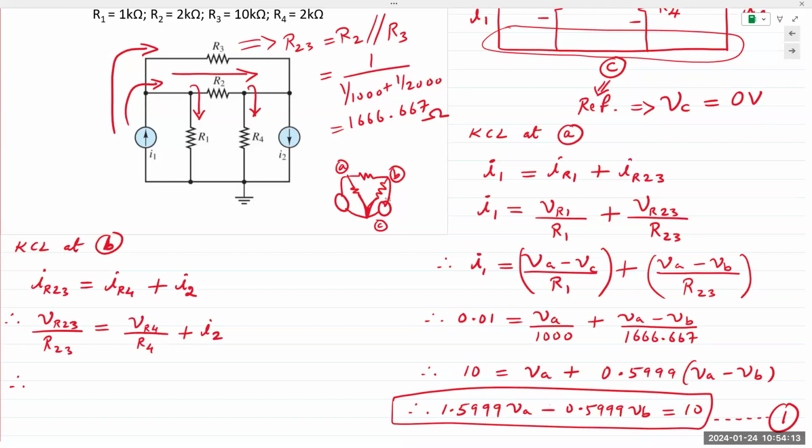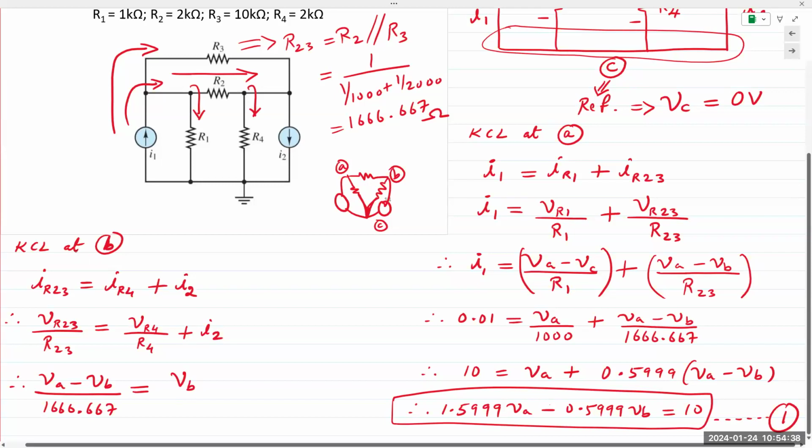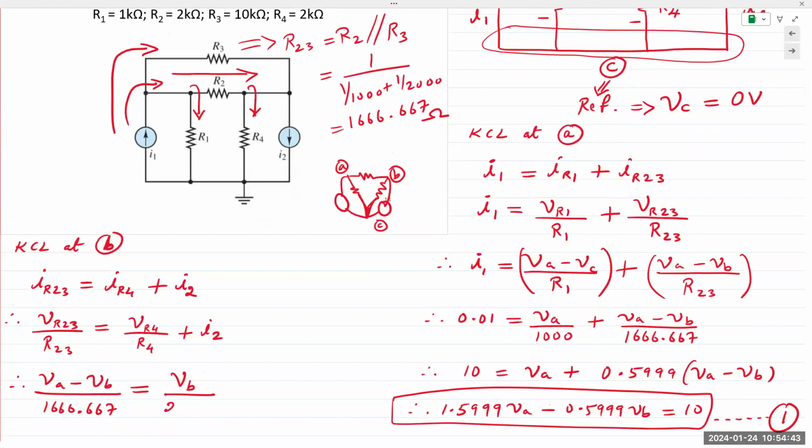Expressed in terms of the node voltages, this is VA minus VB divided by, I'll plug in the values, 0.667, and VR4 is simply VB divided by R4. R4 is 2000, plus I2, which is 0.05.